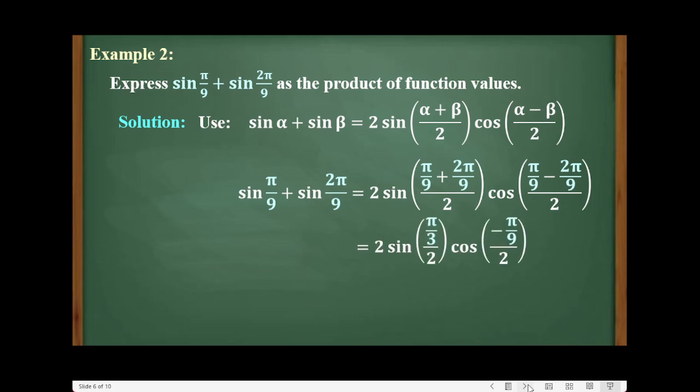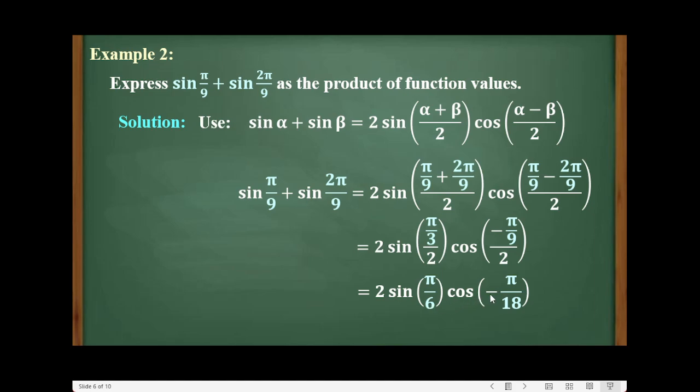If we add these two, it will give us pi over 3 divided by 2. That is the argument of sine. And for cosine, the difference of the numerators gives us negative pi over 9 divided by 2.